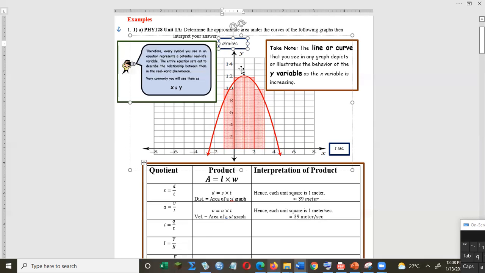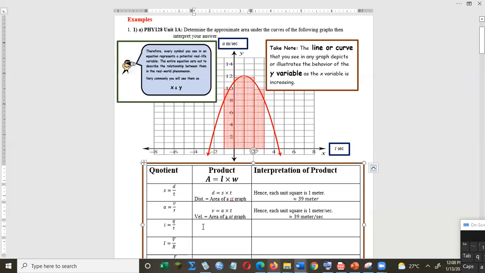Again, you may define your y to be current and x to be time, because here now, as you can see, our variables of interest are current, charge, and time. Charge in coulombs would be equal to current times time.